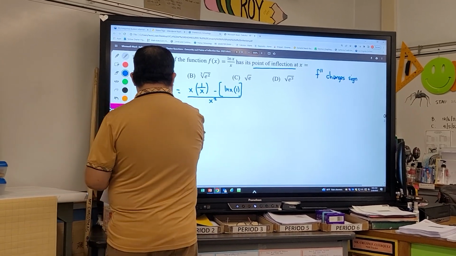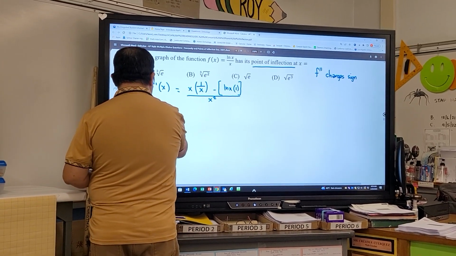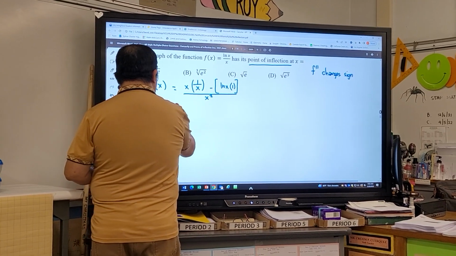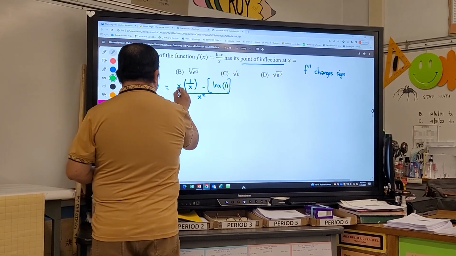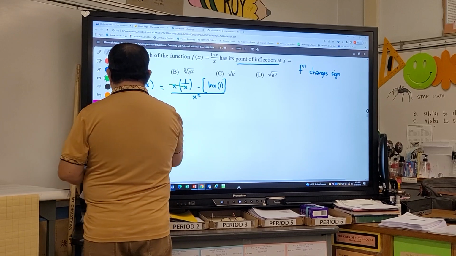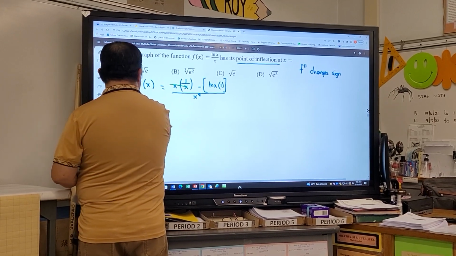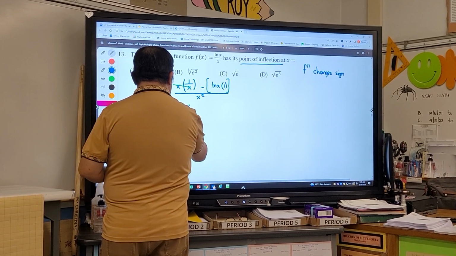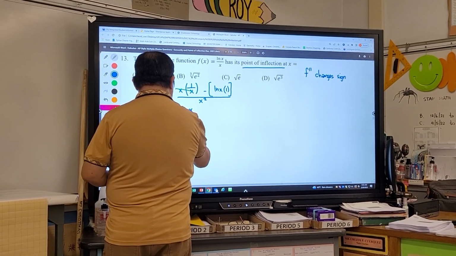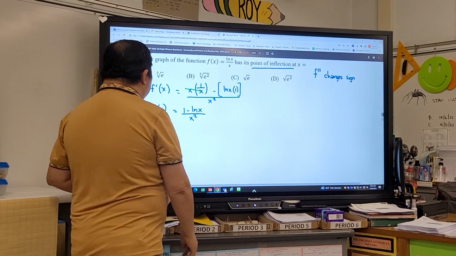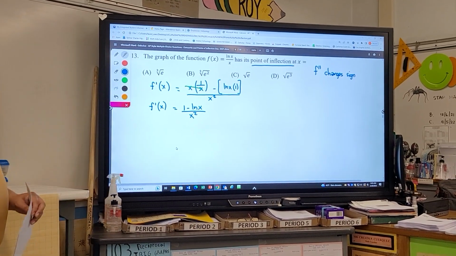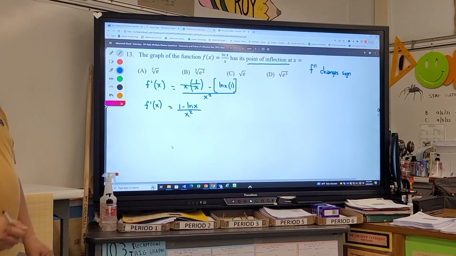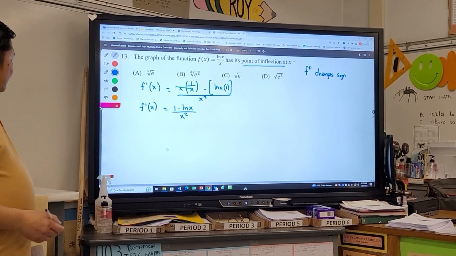Okay, so we clean this up. f prime of x is equal to, 1 cancels, x cancels out, so we have 1 minus ln x over x squared. So we're done with the first derivative, and after that we're gonna have to take the second derivative.